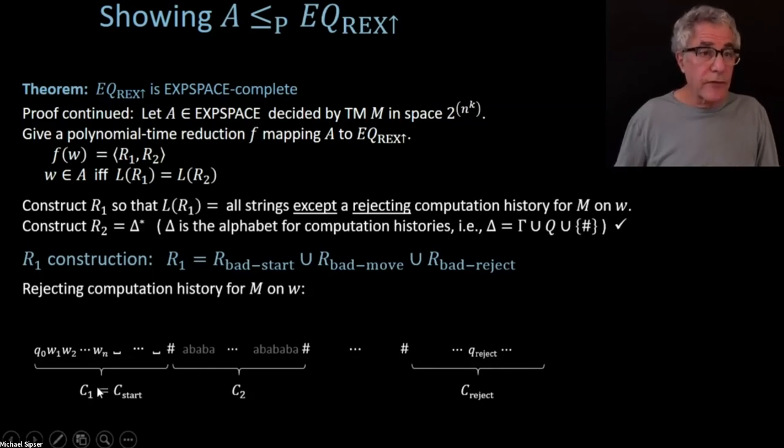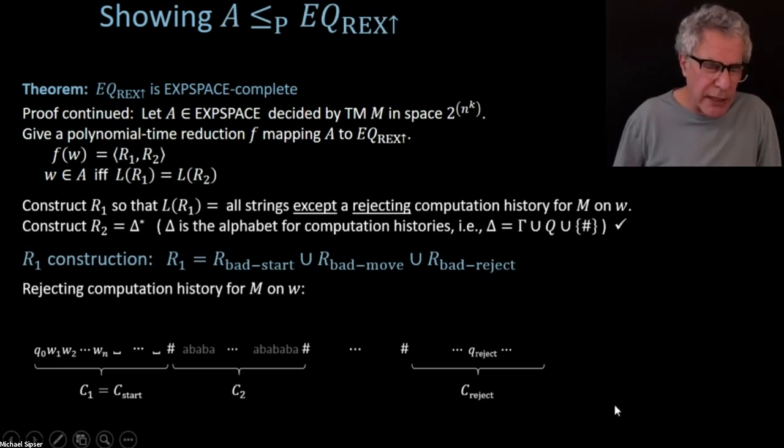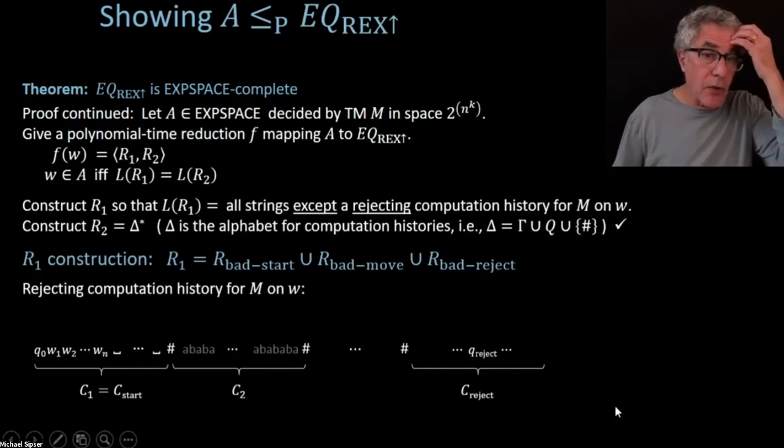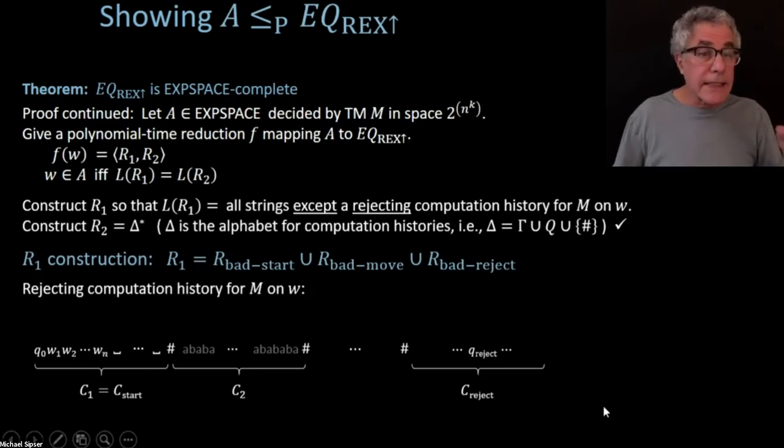So the first configuration, the second one, and so on until we end up at a rejecting configuration. Now, for convenience, I'm going to insist that all of these configurations are the same length.